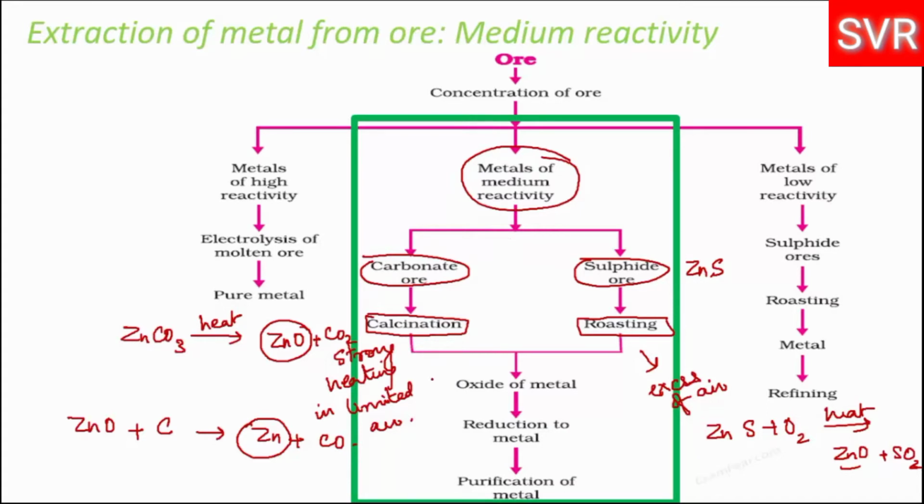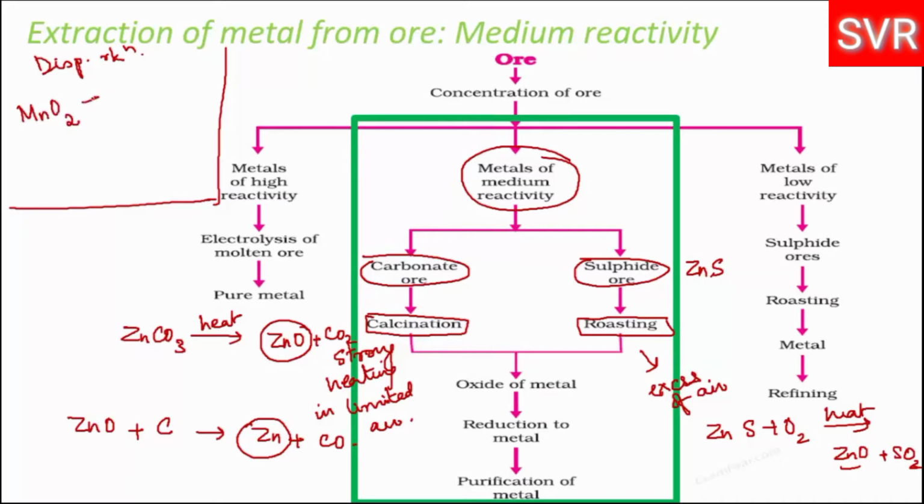Now this reduction of metal from the metal oxide not only happens with carbon, there are other ways also. Now what are those other ways? Let us learn about them. Another alternative method is the displacement reaction. Let us suppose we talk about an ore, the oxide of manganese, MnO2.